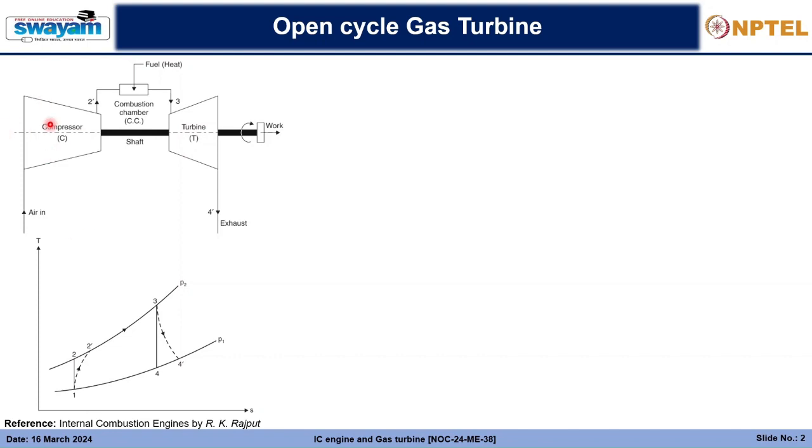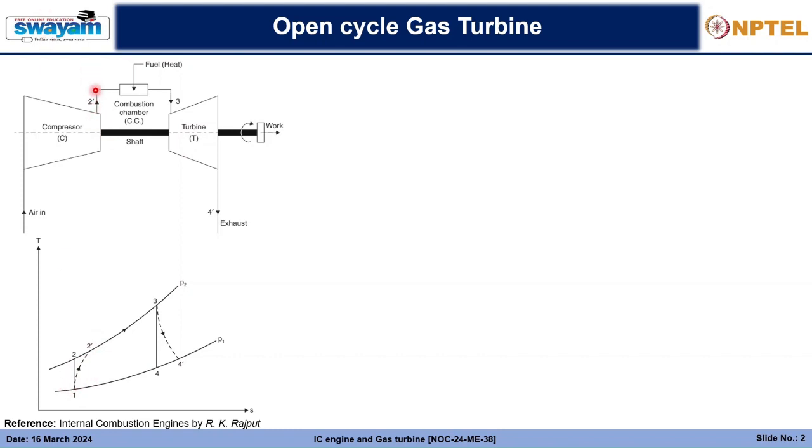We cannot fully prevent the heat loss, and hence there will be some loss while it is being elevated to pressure P2, so the process is rather an irreversible adiabatic process, and it follows a path from 1 to 2 dash like this.